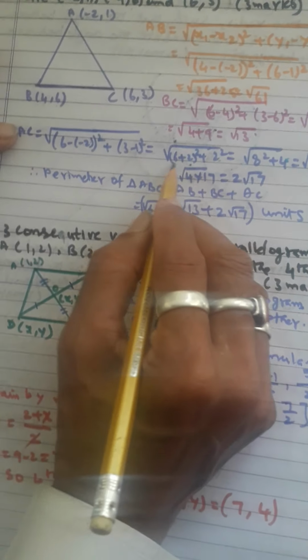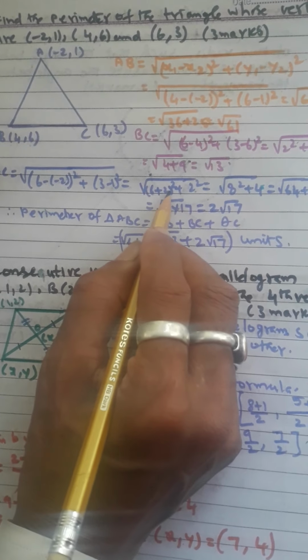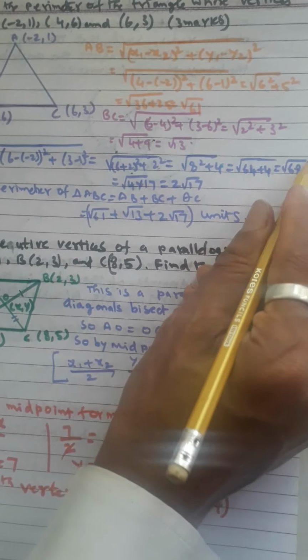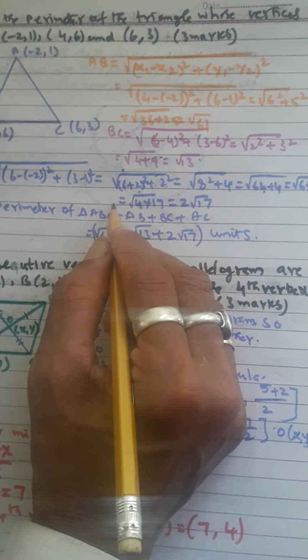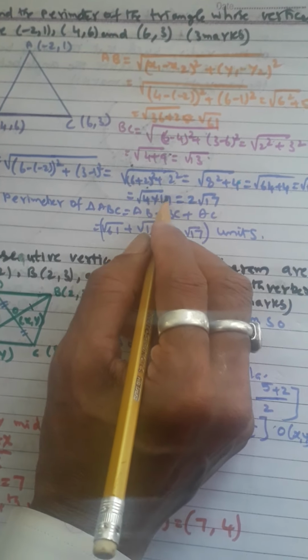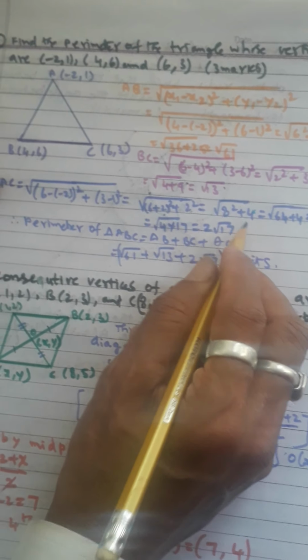So 6 plus 2 you will get here, and here 3 minus 1, 2 square you will get. 6 plus 2 is 8, 8 square you will get. Here 2 square is 4, 8 square is 64. 64 plus 4 you will get square root of 68. 68 you can write as 4 into 17. So once you take 4 outside the square root, you will get 2, because 2 2s are 4. 17 is not a perfect square number, so you will get 2 square root of 17.